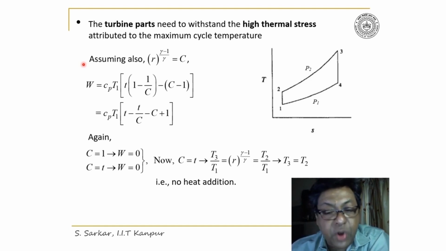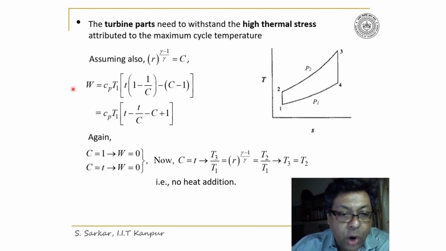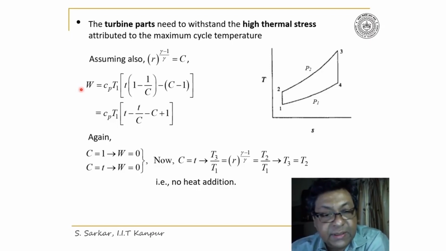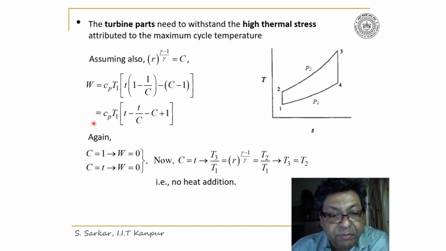So with the assumption of small t and C, specific output W can be expressed as Cp into T1 within the bracket small t, again within the bracket 1 minus 1 by C, minus C minus 1. This can be simplified as Cp into T1 within the bracket small t minus small t by C minus C plus 1.